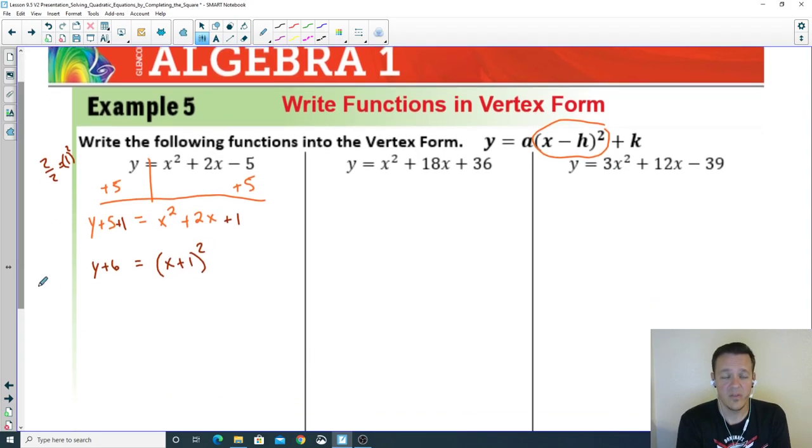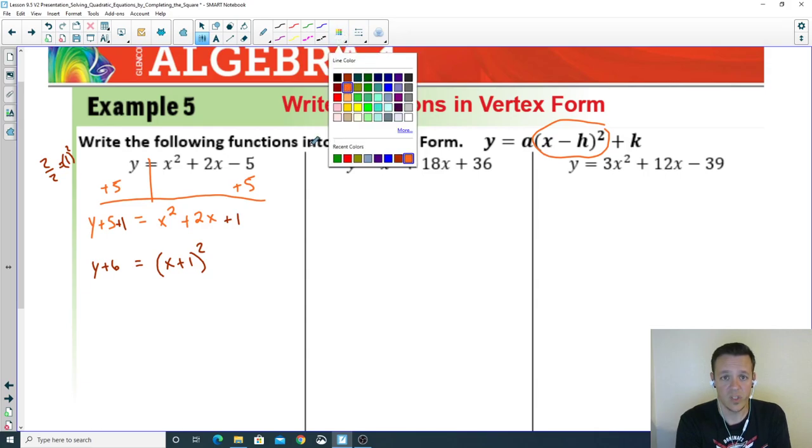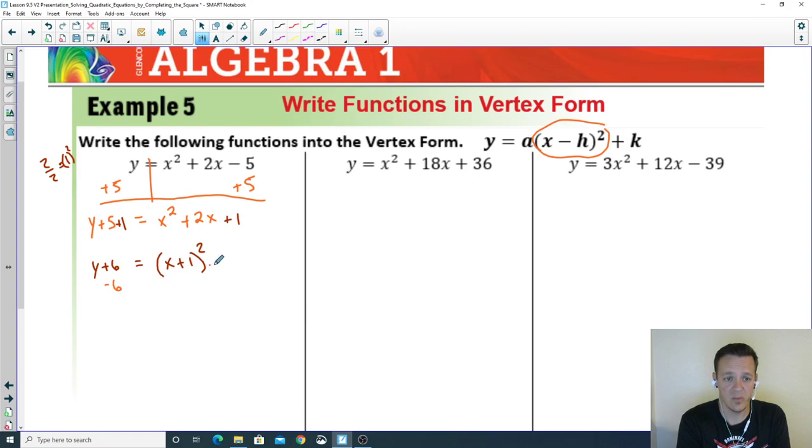And now you simply finish it by subtracting 6 from both sides, because we have to have y equals, and you end up with your vertex form of an equation. So it's y equals x plus 1 squared minus 6.